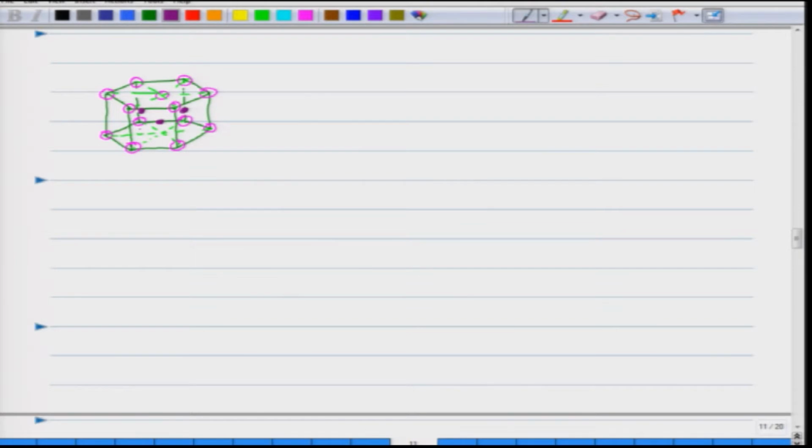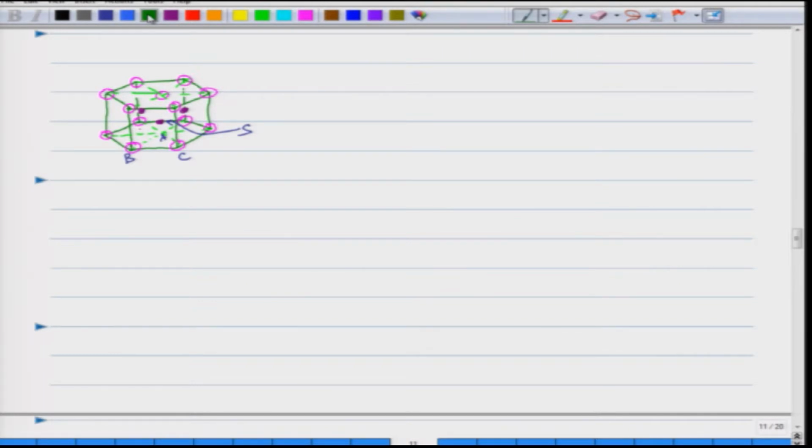Okay, so now let us call this point A, this point B, and this C, and let us call the atom over here S. So, now we will be able to make a single pyramid.